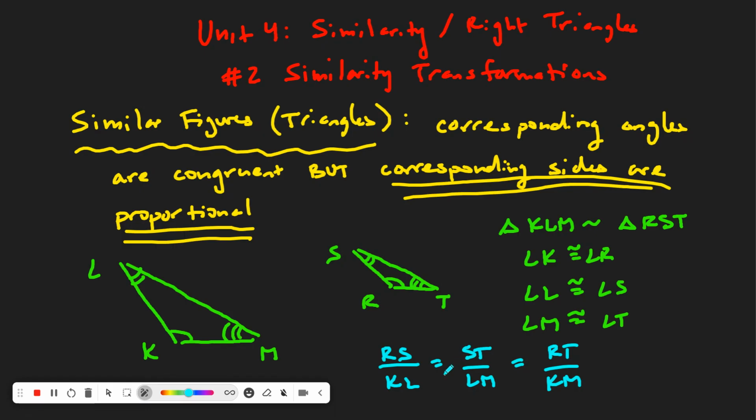This is what I mean by corresponding sides are proportional. If you put them in a fraction, you get the same simplified fraction or decimal. Remember, this has to do with scale factor. So I'm going to put this in parentheses: scale factor. Keep that in mind as you think about how these similar triangles work.